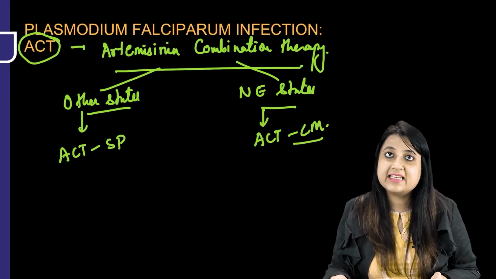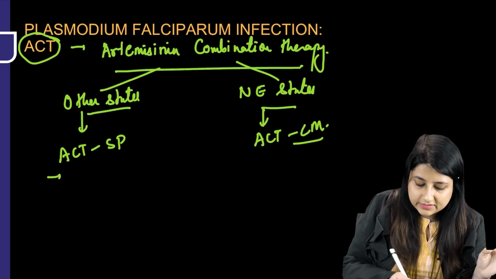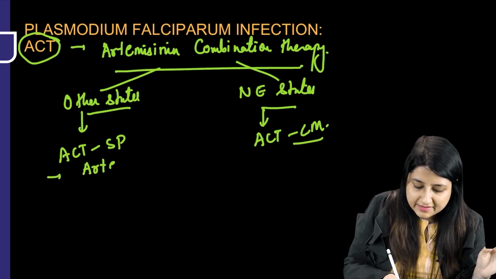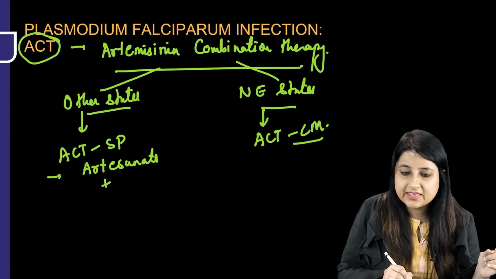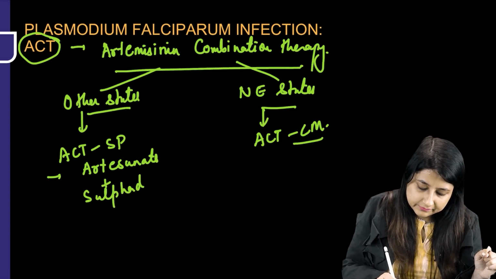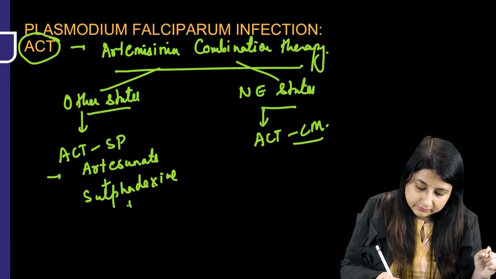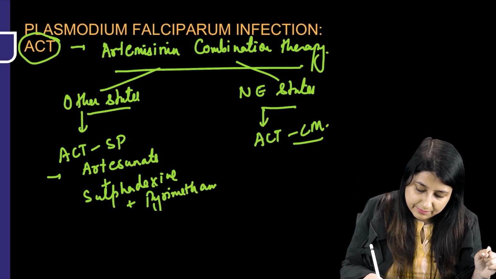Now, what is ACT-SP? So here you have to remember it is artesunate plus sulfadoxine plus pyrimethamine.